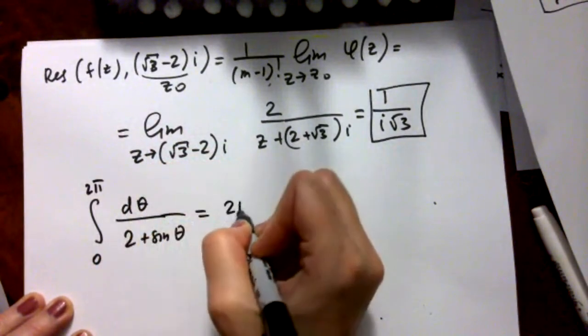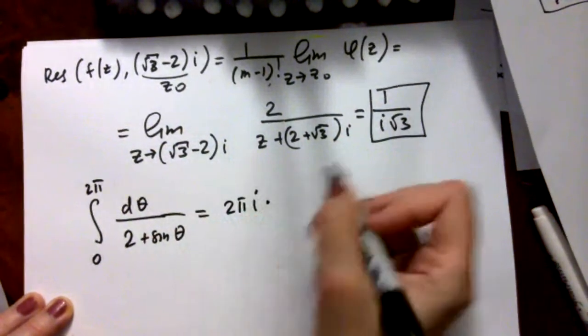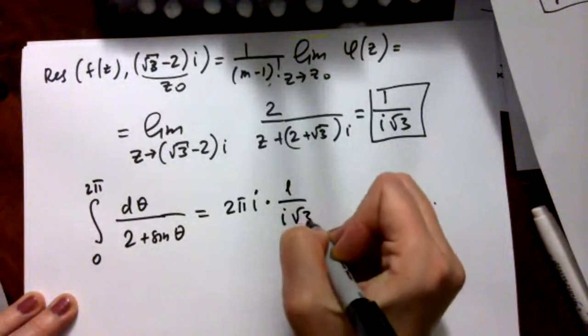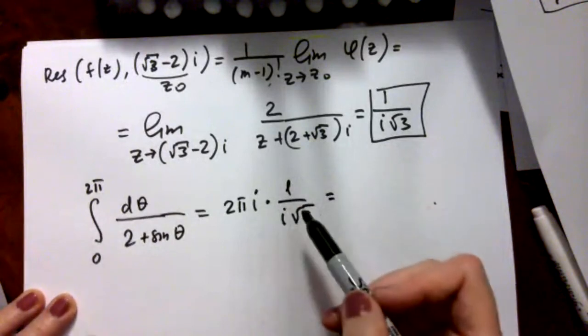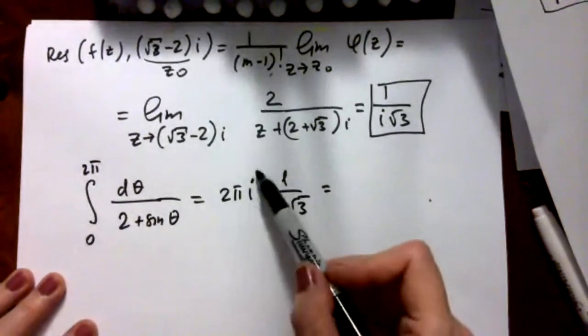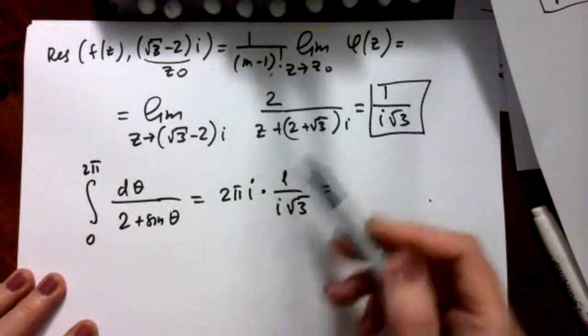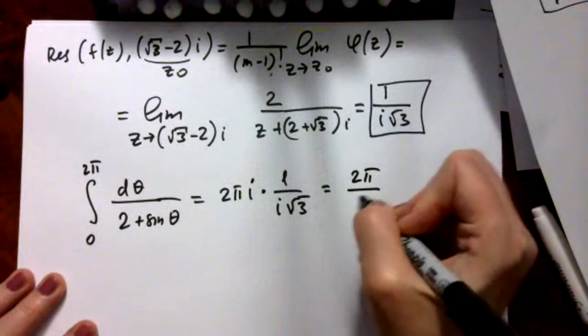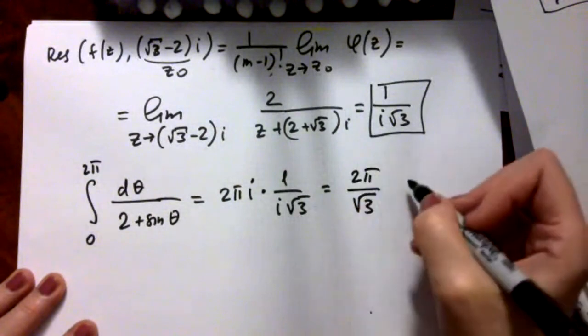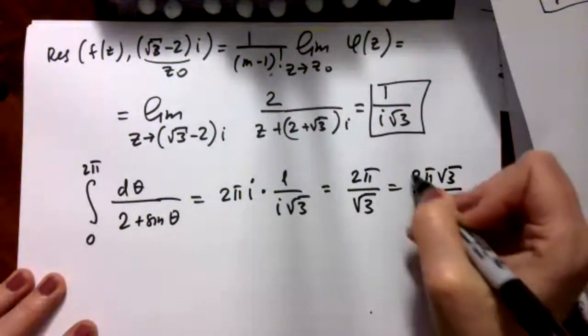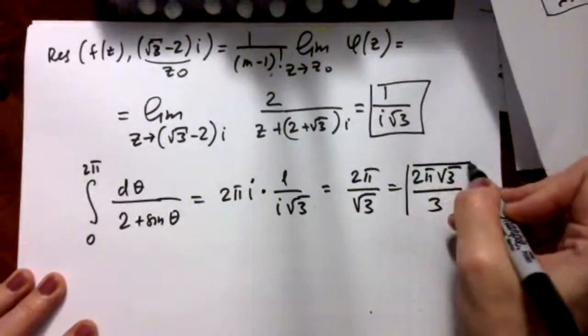And it turns out that it is equal to 2 pi I times this residue at this point, which is equal to this expression. As I discussed before, it's very convenient that we have I both in the denominator and numerator. We can easily cancel it out. And of course, we can simplify this expression, but maybe it's not absolutely necessary. I just do it out of habit.